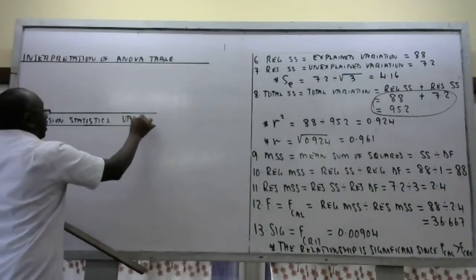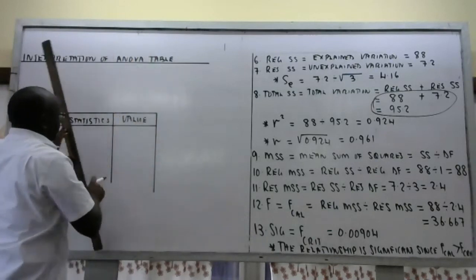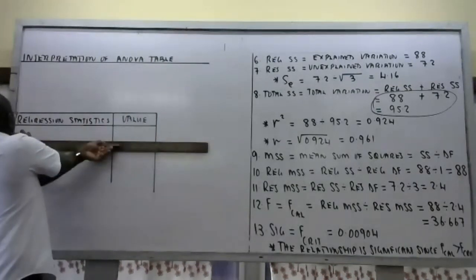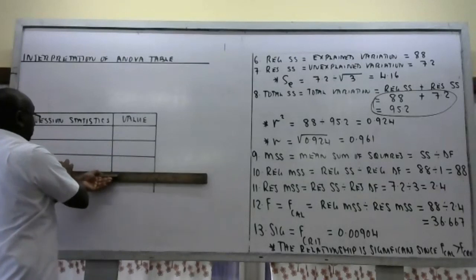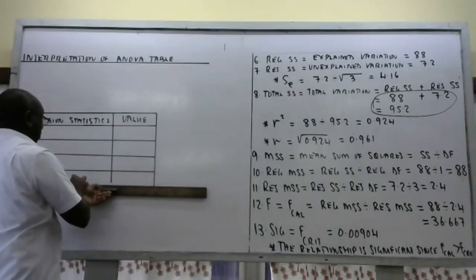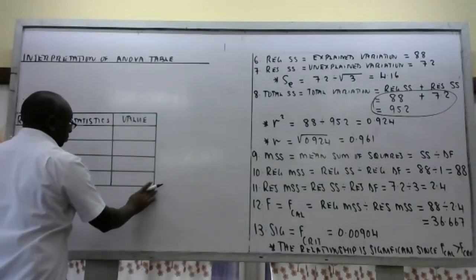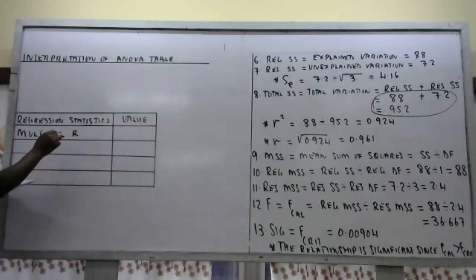We have the value here. Kwanza ni multiple R. This is R squared.